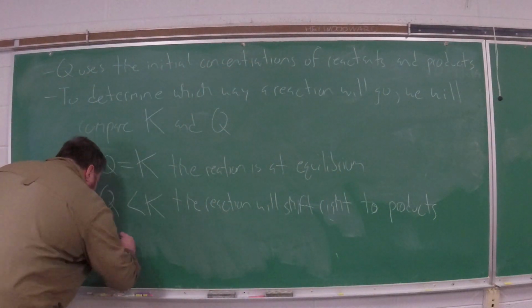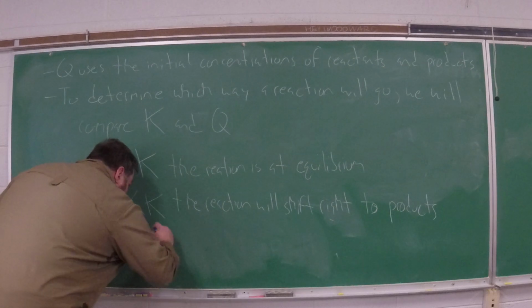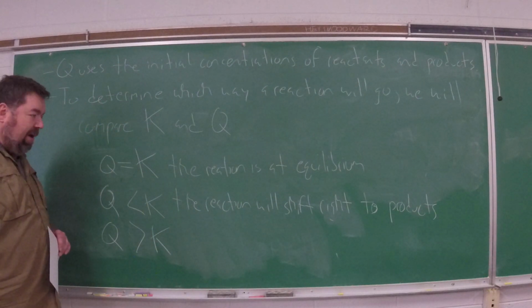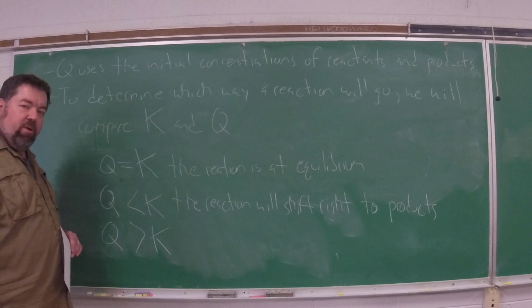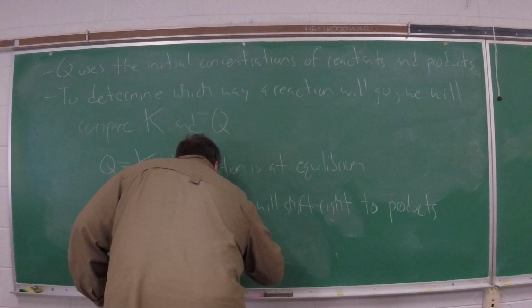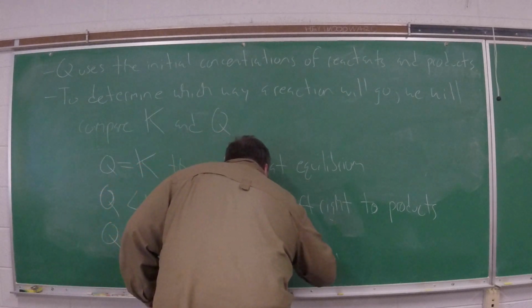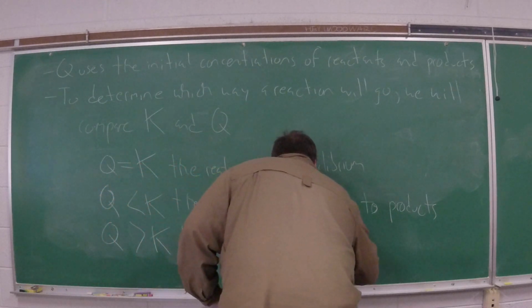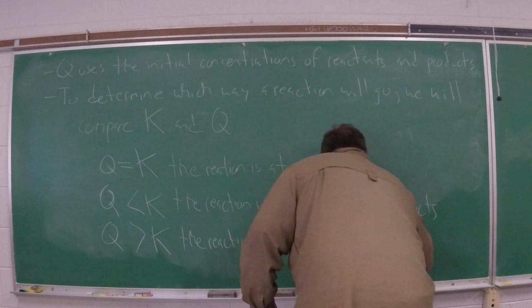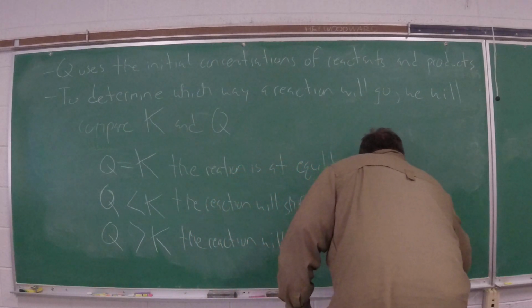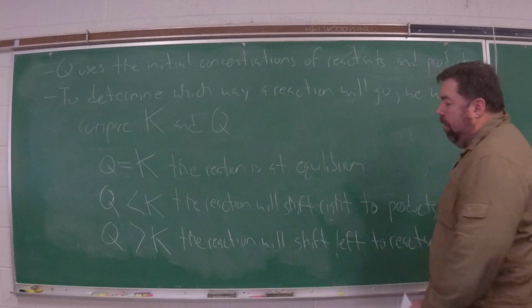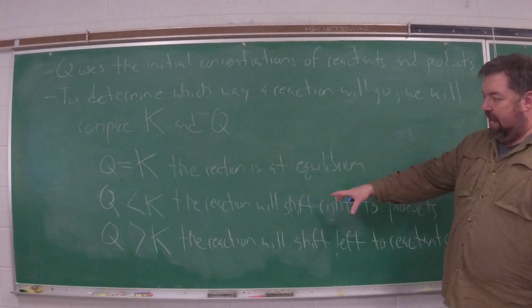If Q is greater than K, the reaction will shift to the left to reactants to reach equilibrium. Okay, let me write this again, right? I'm gonna keep that there.